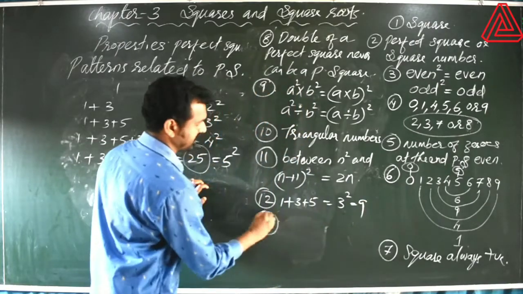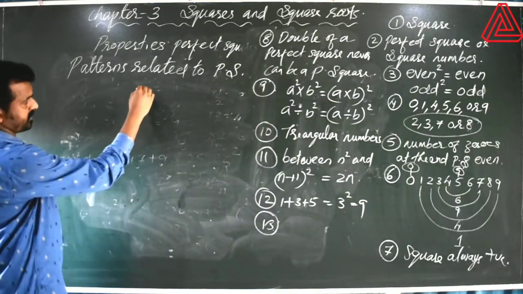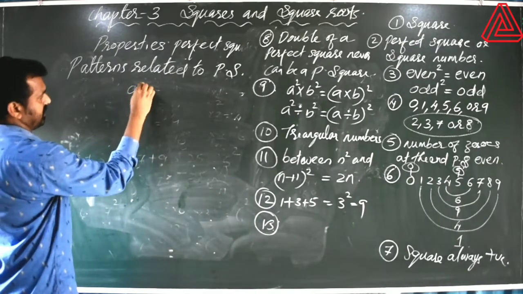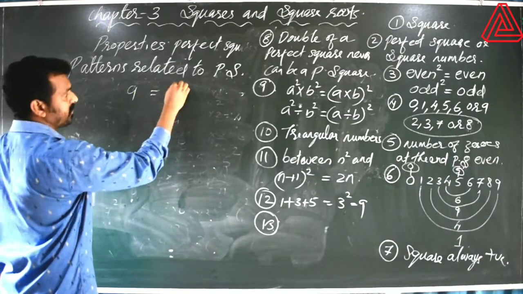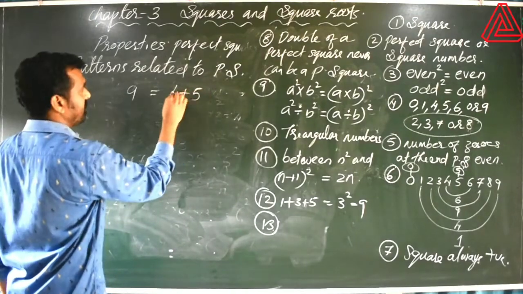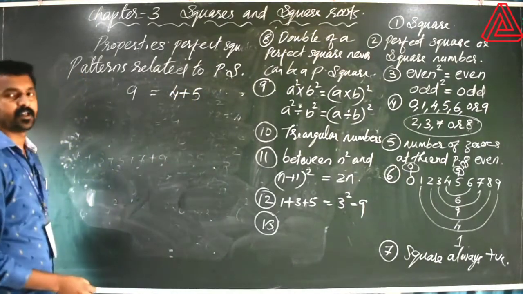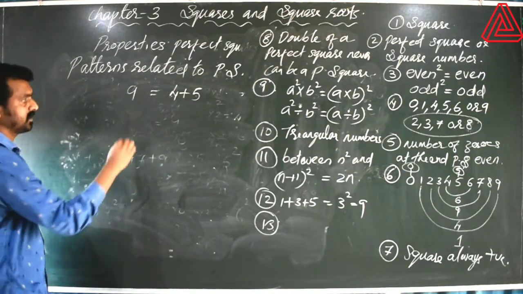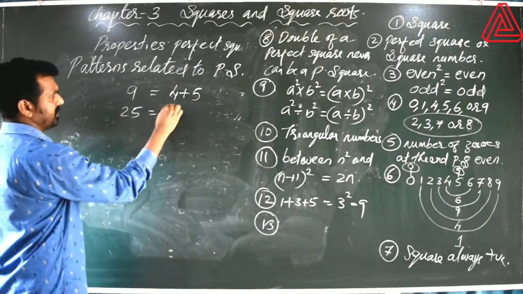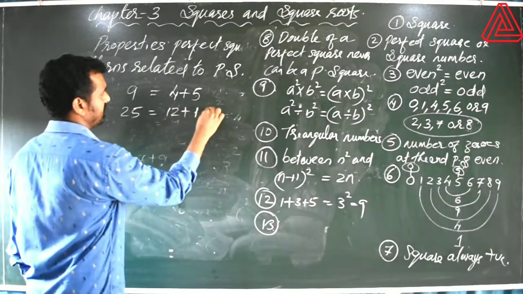Now next one: all the perfect squares can be written as the sum of two consecutive natural numbers, the nearest natural numbers. 4 and 5, nearest natural numbers. Now 25, we can write as 12 plus 13.